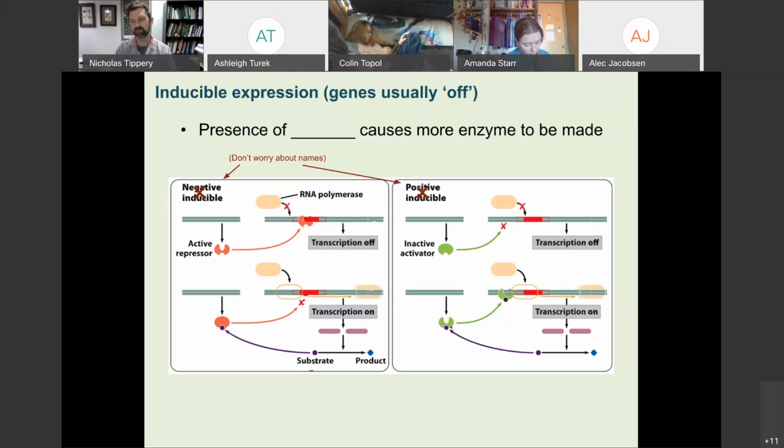In its new shape, it can attach to the promoter and allow transcription to happen. So the end result is the same in both of these situations. The presence of the substrate allows transcription to happen. In two different ways, one using a repressor on the left, one using an activator on the right.